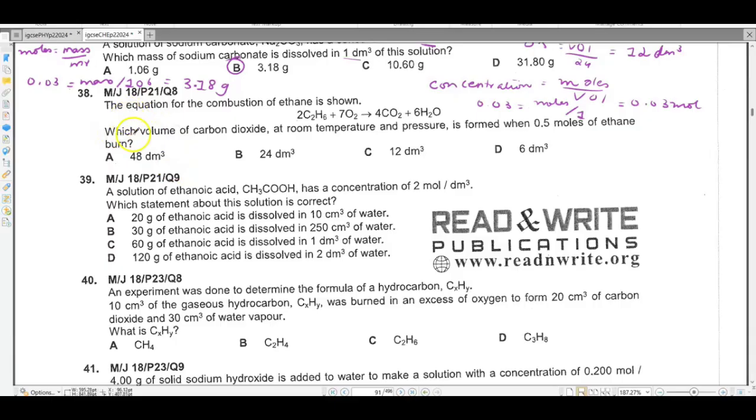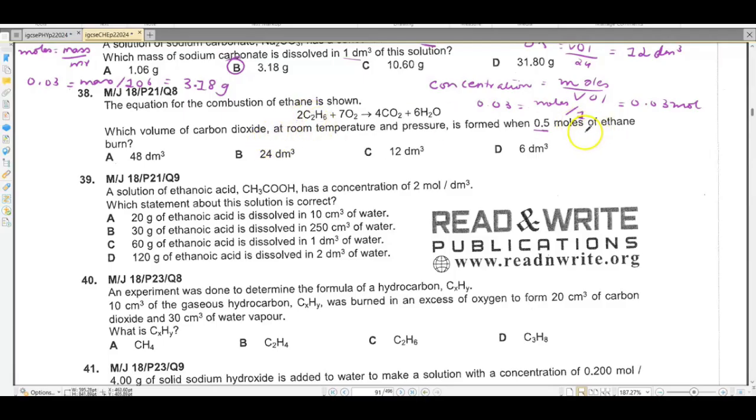Question number 38. The equation for the combustion of ethane is shown. Which volume of carbon dioxide at room temperature and pressure is formed from 0.5 moles of ethane burned? So we have been given the moles of ethane, we don't need to find them. And from that we can find the moles of carbon dioxide.